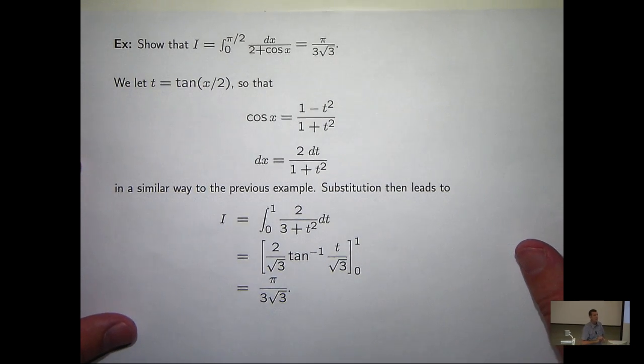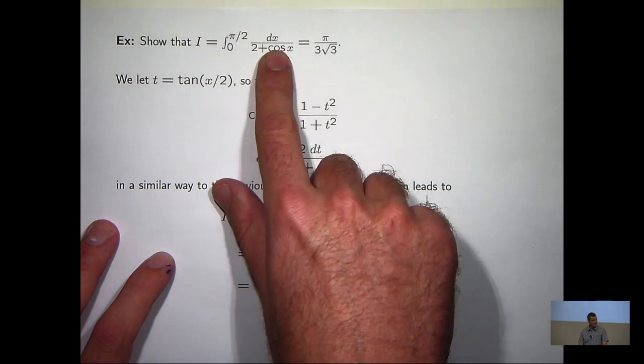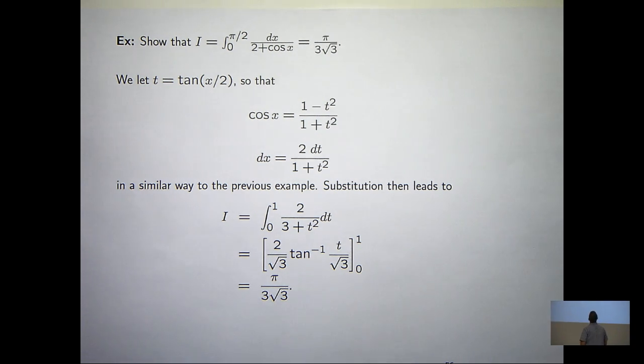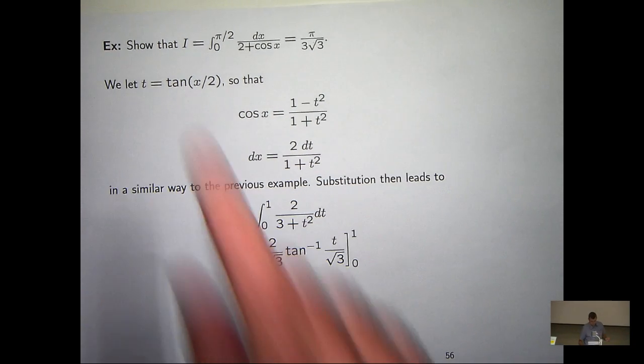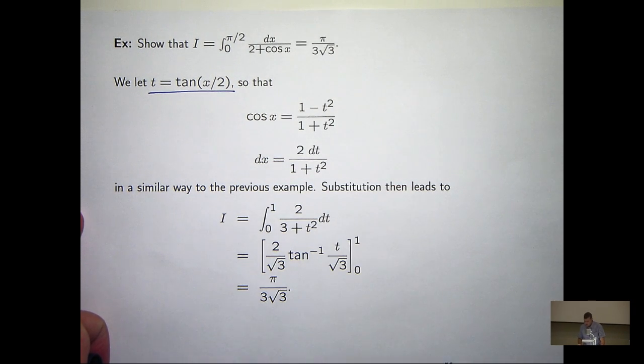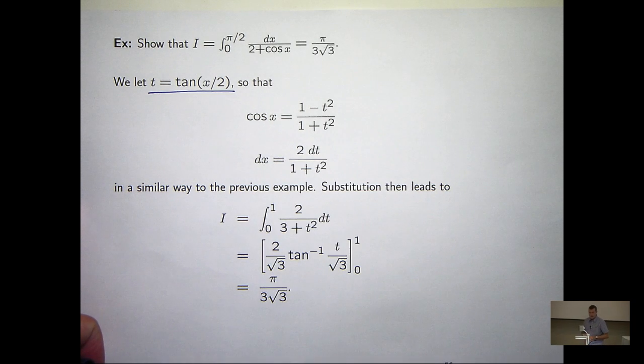I'm going to show you one that I've prepared earlier first. Here we're asked to show that I, defined by this integral, is pi divided by root 3 on 3. So let's just step through it. We make the Weierstrass substitution, and then we can write cos x in terms of t, and also calculate the differentials.